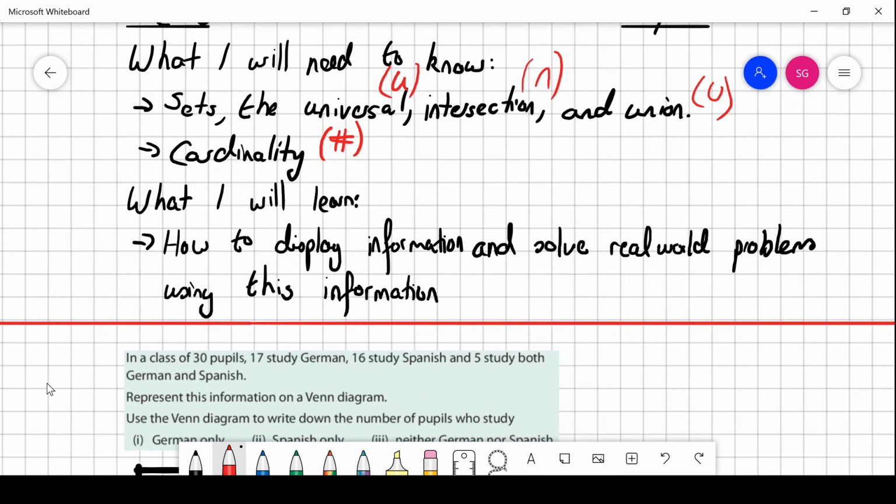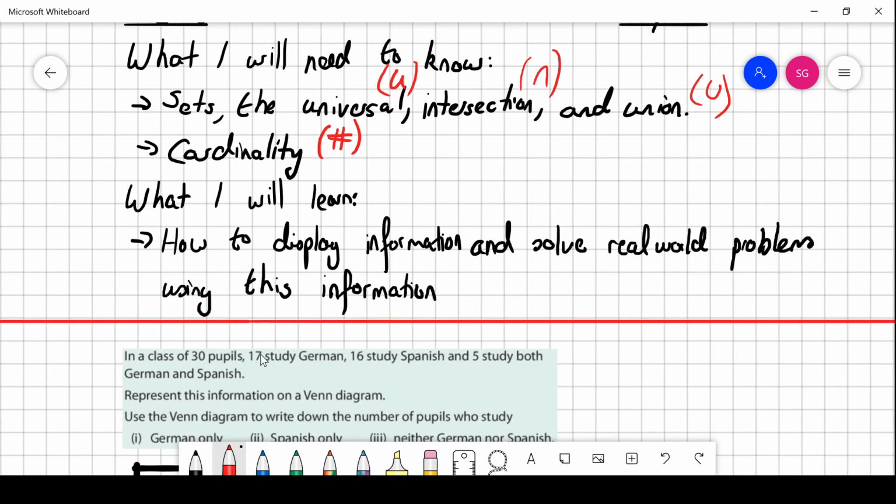In a class of 30 pupils, 17 study German, 16 study Spanish, and 5 study both German and Spanish. If I just imagine each student as an element in a set, I can go, okay, the cardinality, the number of values in the universal.